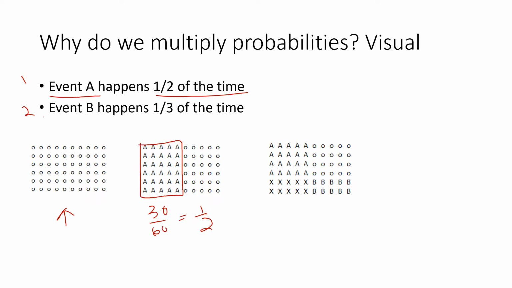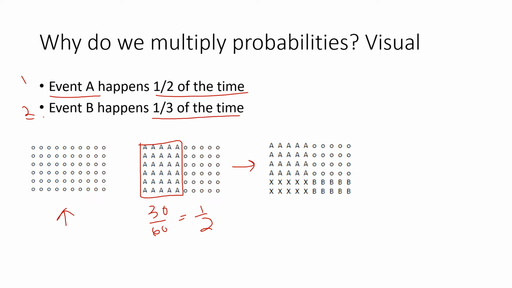And now event B happens second, we remember, and it happens 1/3 of the time. So if we look at our next picture, we have to mark off 1/3 of our A's, because event A happens 1/2 of the time, and then event B happens 1/3 of that 1/2. We know that 1/3 of 30 is 10, because 30 divided by 3 is 10.